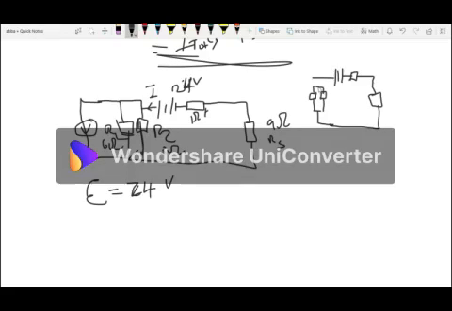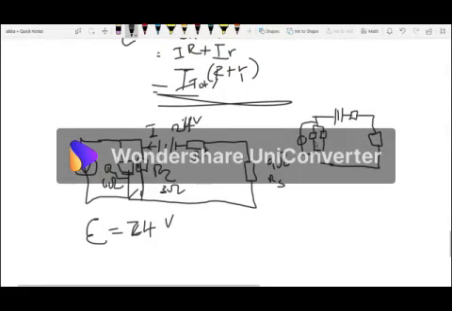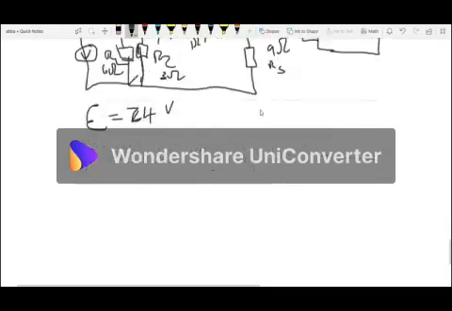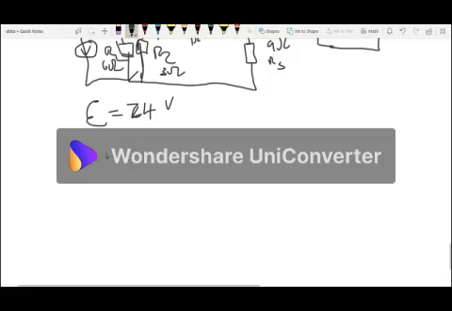The V is going to be here like this. This is the simplest form of redrawing this. This is your R1, your R2, your internal resistance, your R3. This is your voltmeter, and this is your cell. So now the electromotive force is that, and the internal resistance is 1 ohm, right?